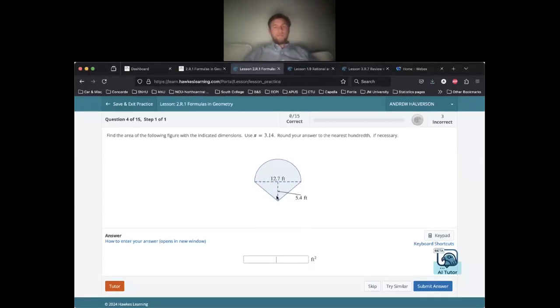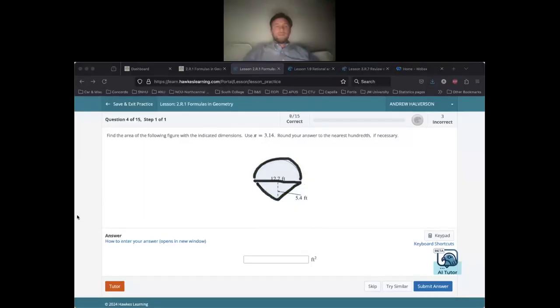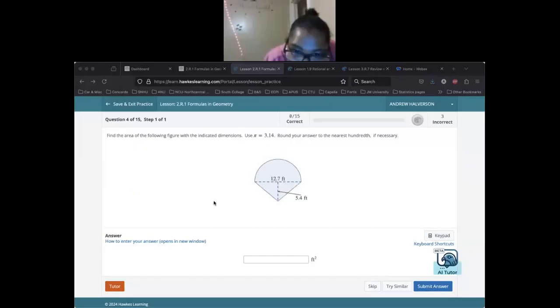It looks like a triangle with a semicircle, right? An ice cream cone. Could be, yeah, it could be that. But the lesson here is that an ice cream cone is a three-dimensional shape.